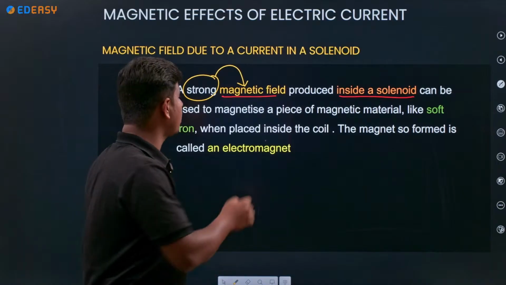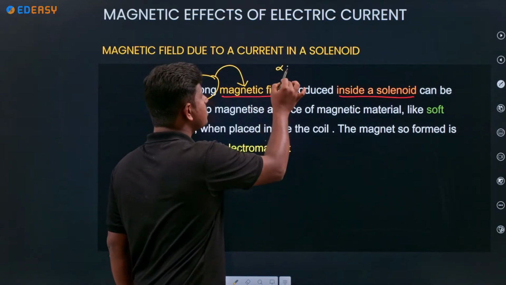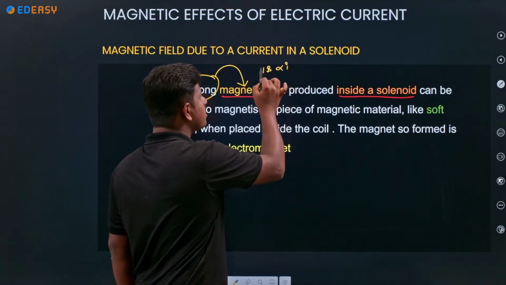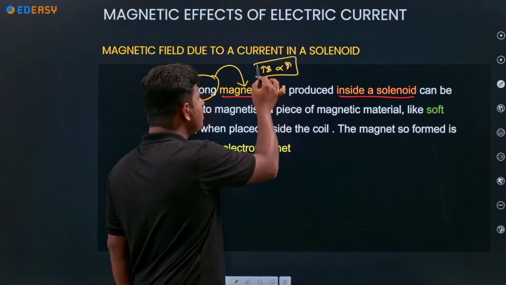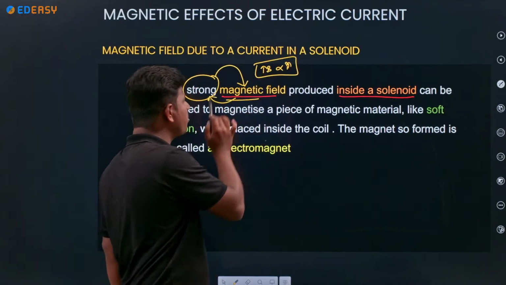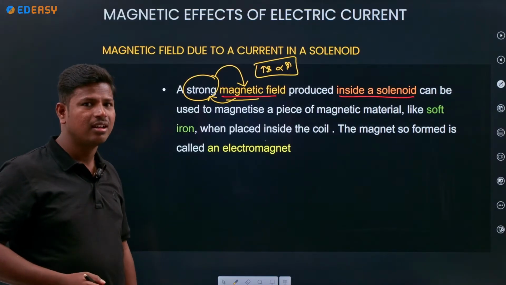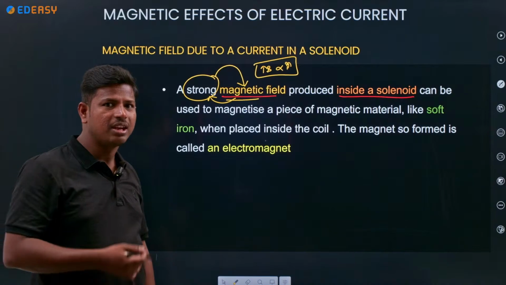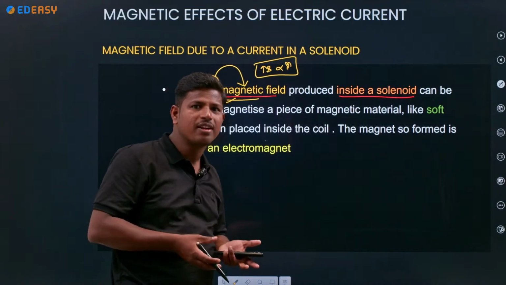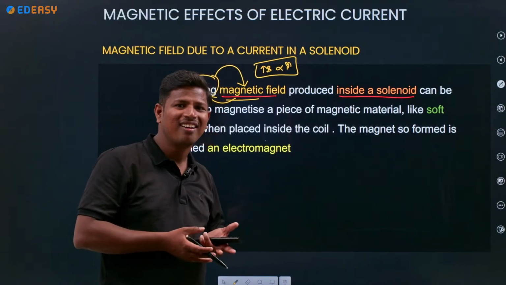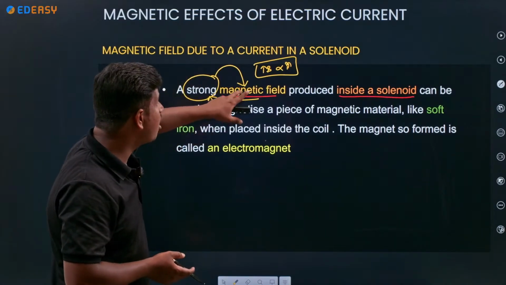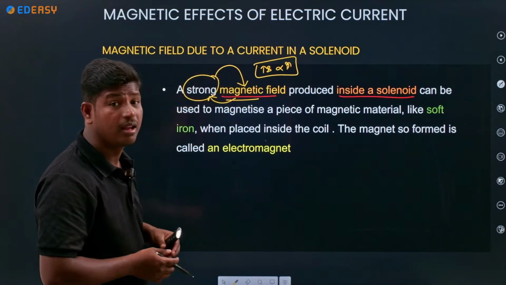Previously we discussed, if current increases, the magnetic field increases. When the magnetic field is boosted, when there is overlap, a strong magnetic field is produced.